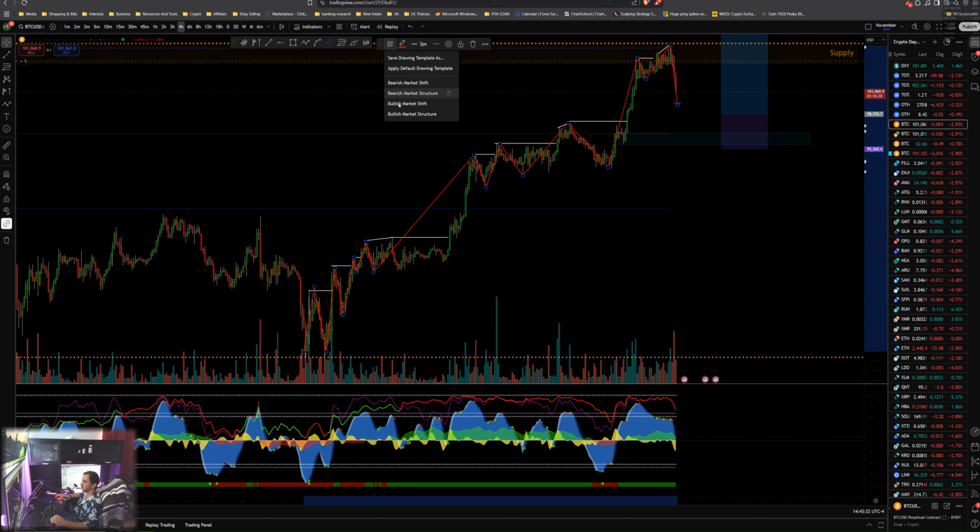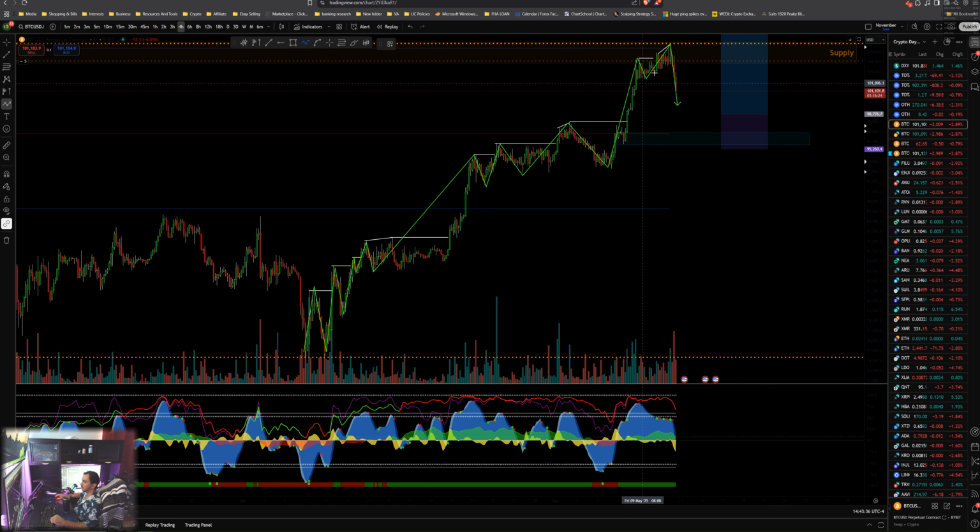We're going to put this as bullish. We're actually printing a bearish reversal pattern, which looks like that. This is your most common shift in market structure you'll see. This is literally that move right there.